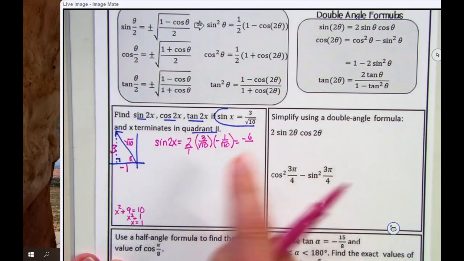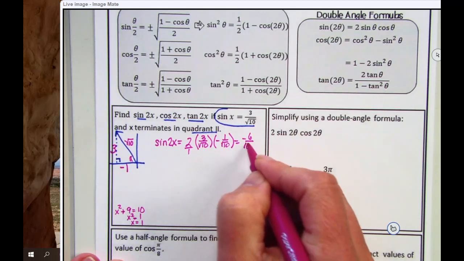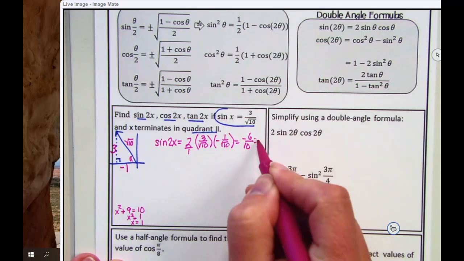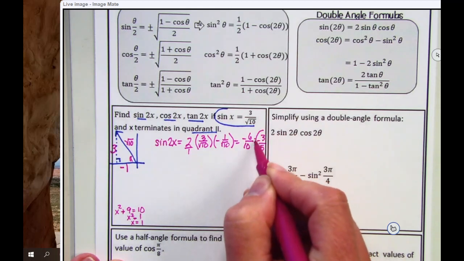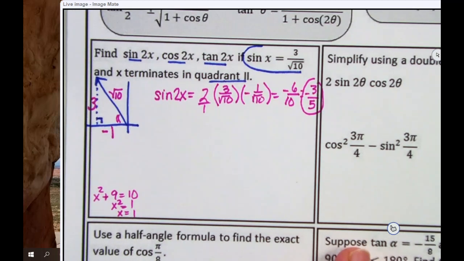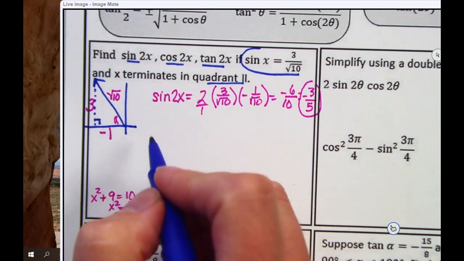Square root of 10 times the square root of 10 is 10. So that simplifies to negative 3/5. I see some of you squinting at that, so let me make it a little bit bigger. As long as that formula is in front of you, we have the skill set to figure this out.